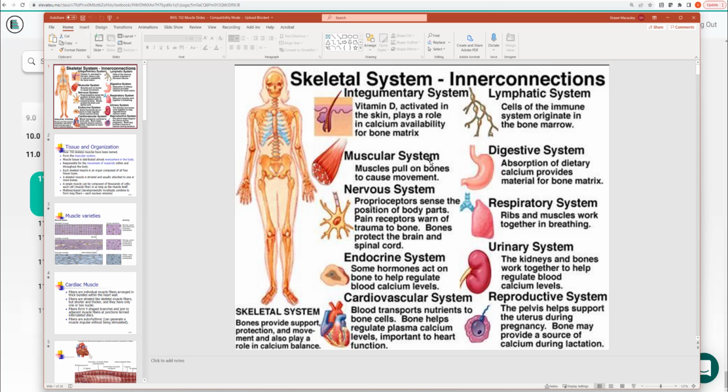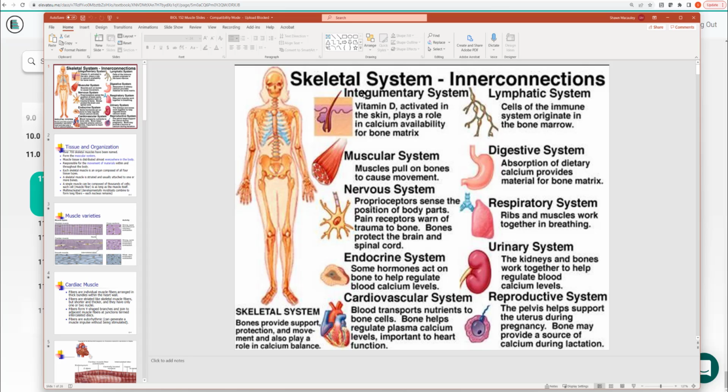So here is a slide which shows us some connections between the skeletal system and a number of other systems. This is not an exhaustive slide. There are many other examples. Let me go through a few of these. So we have learned that the skeletal system stores calcium. And calcium is important not only for bones, but also for many other things like muscles and the nervous system.